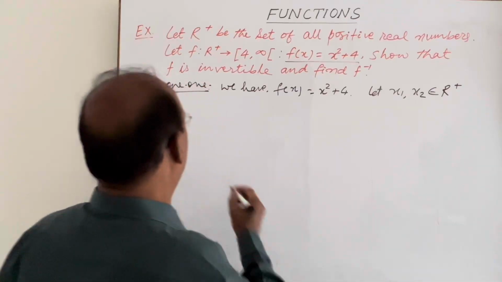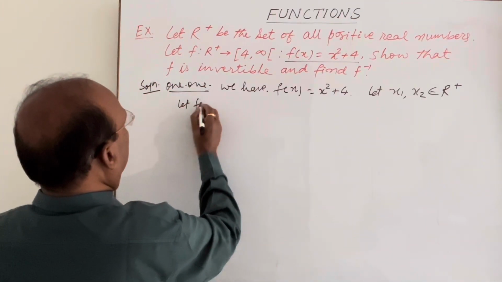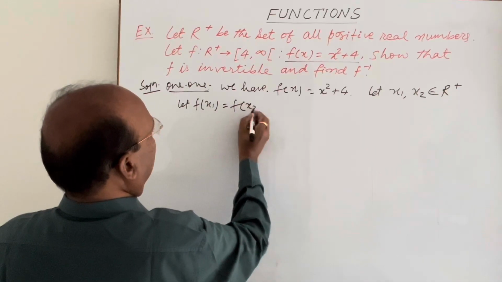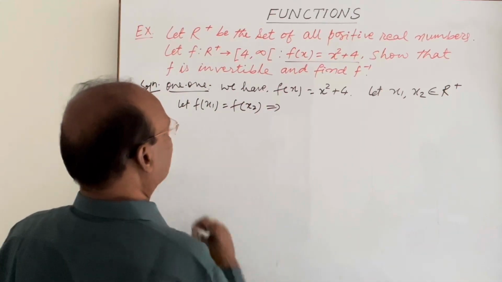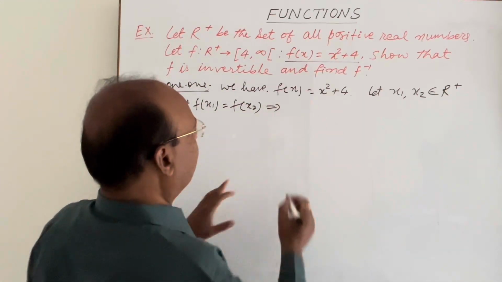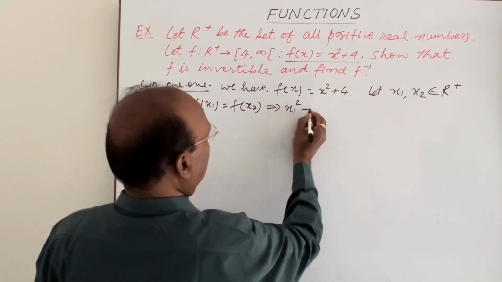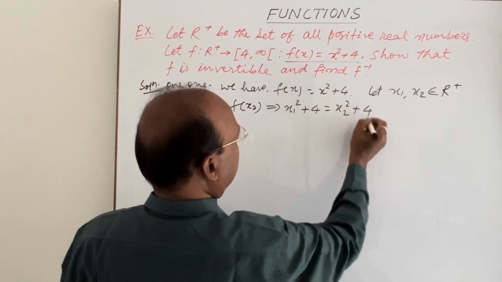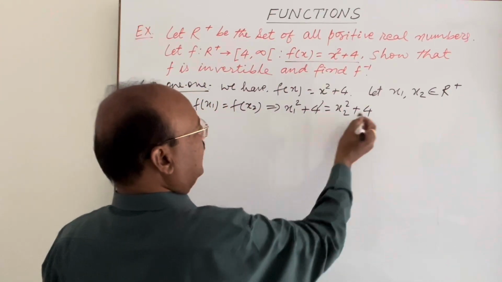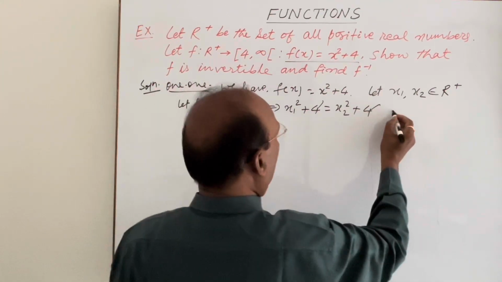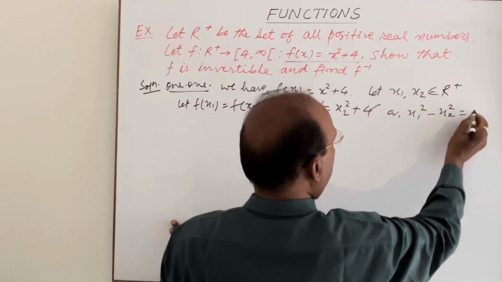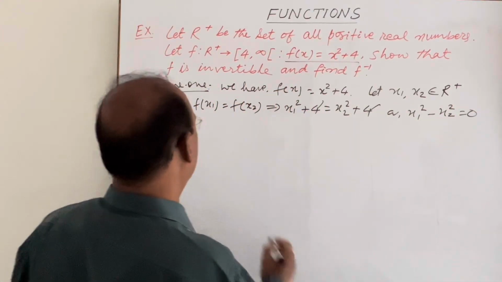So let f(x1) is equal to f(x2). This implies, using this definition, x1 square plus 4 is equal to x2 square plus 4. Here 4 will be cancelled out from both sides, and we'll get x1 square minus x2 square is equal to 0.